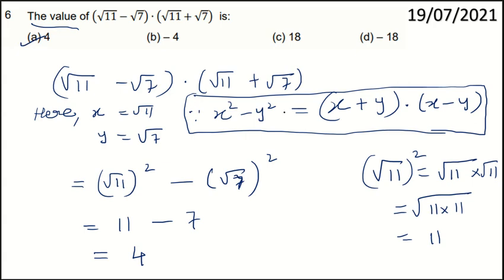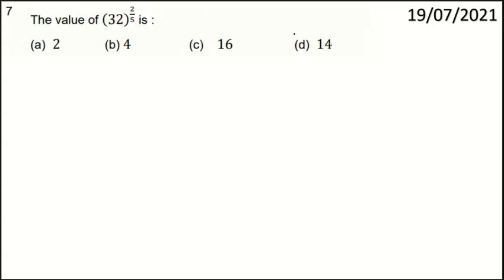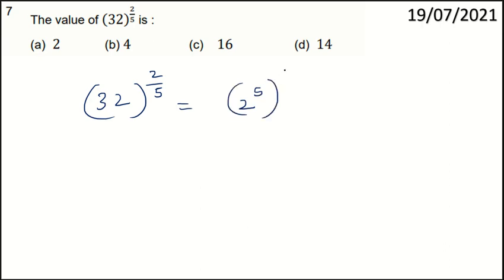Coming to question number 7. Find the value of 32 to the power 2 by 5. You know, 32 can be written as 2 power 5, whole power 2 by 5.